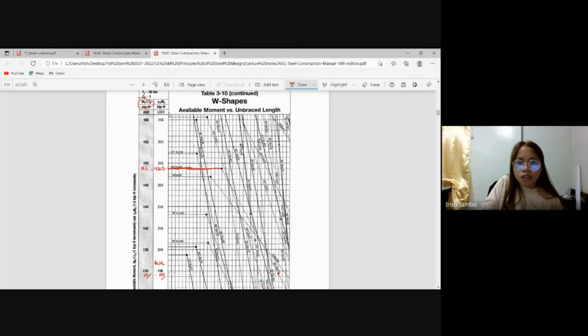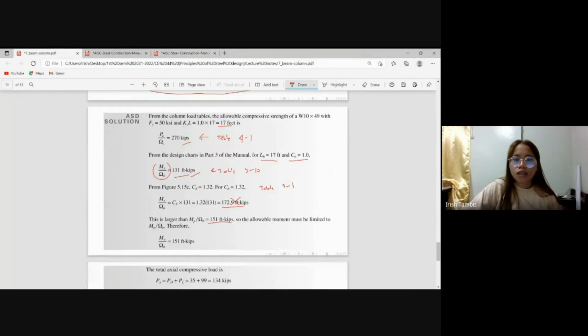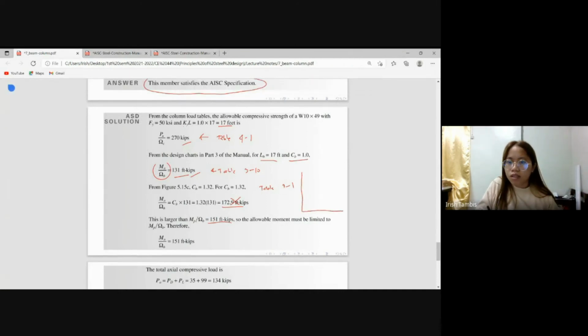So, it should not exceed that. Because, actually, in the table, in what I discussed in the video, this is moment versus the unbraced length, L sub B. So, this is actually the diagram. This is the plastic moment. This is the elastic region here and the inelastic region.